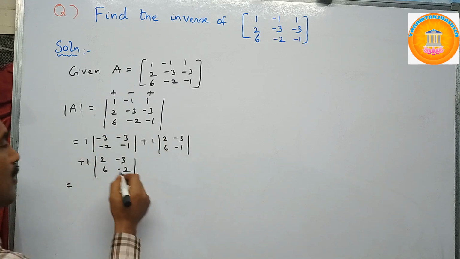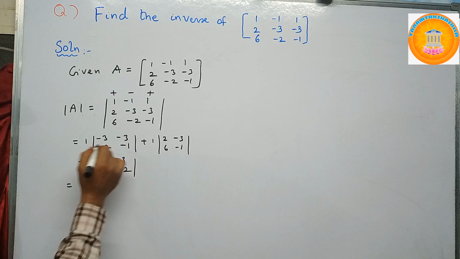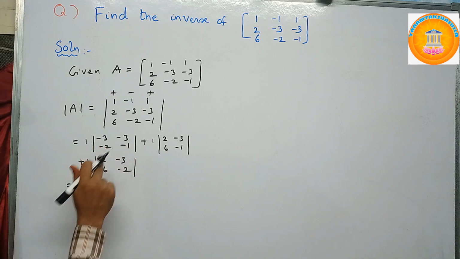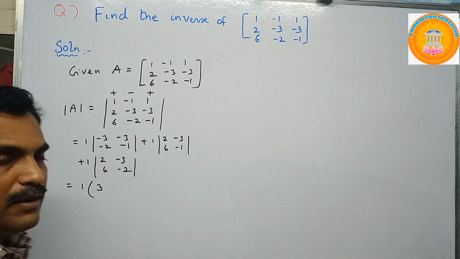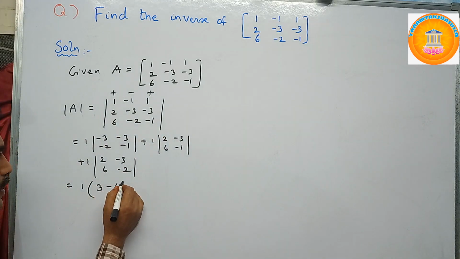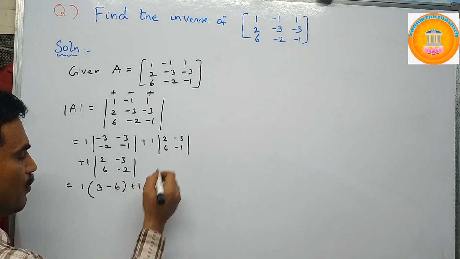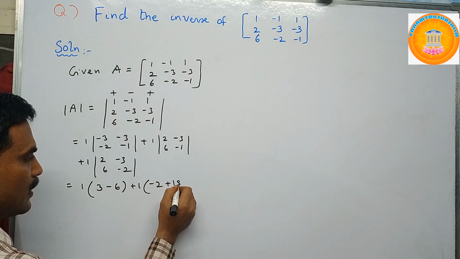Next step, you have to evaluate these determinants of order 2. So 1 into, multiply the main diagonal elements first: -3 and -1 will give plus 3. Then -2 into -3 will give plus 6, and one more minus will be there, that is -6. Then plus 1 into: 2 into -1 is -2, 6 into -3 is -18, so it becomes plus 18.